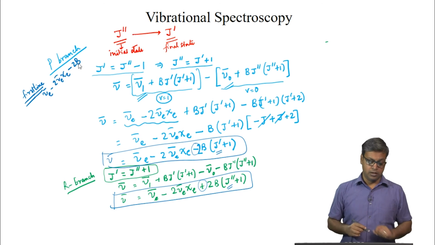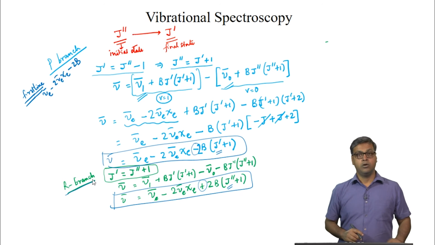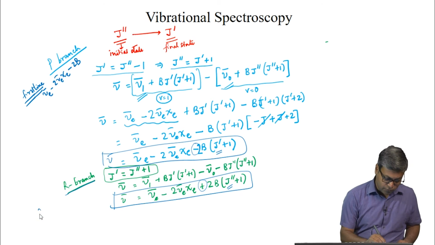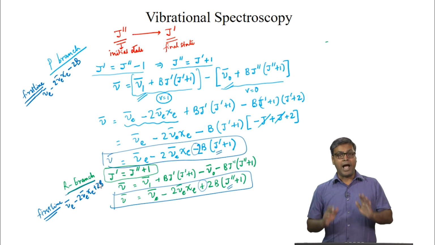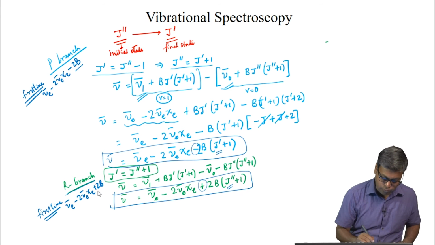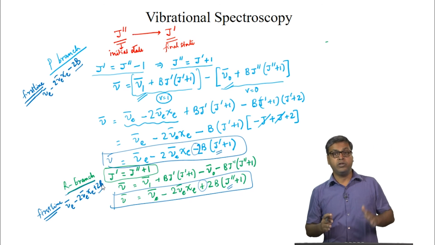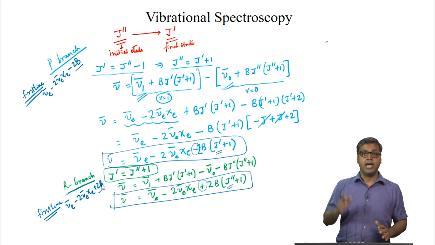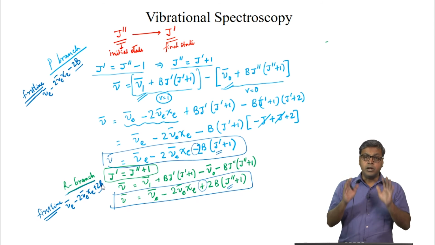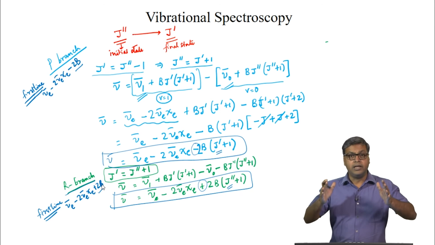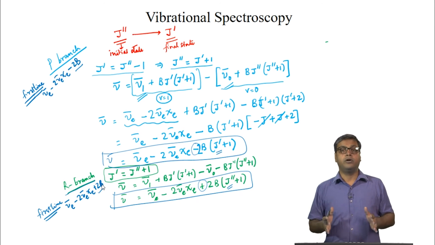So, the first line of this R branch will be at nu bar E minus 2 nu bar E chi E plus 2B. So, there will be a gap of 2B and 2B, that is a gap of 4B between the first line of the P branch and the first line of the R branch, and in the middle of those two lines will be the gap for the fundamental frequency.